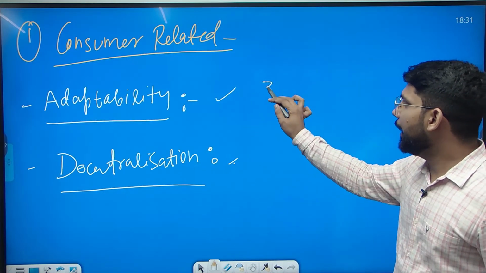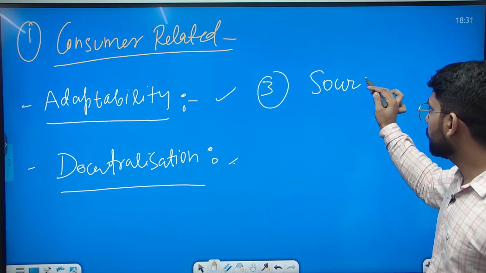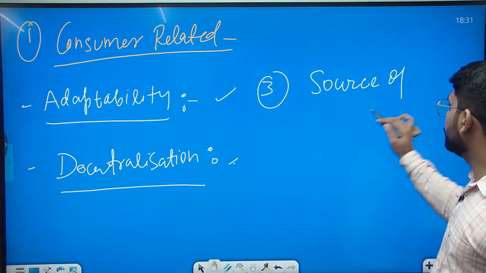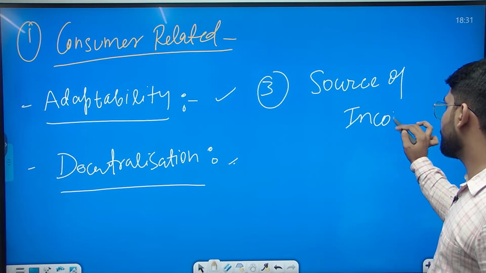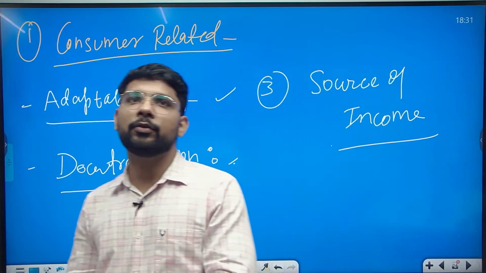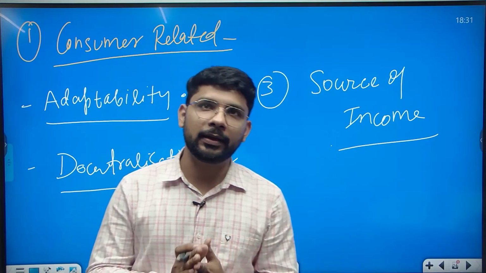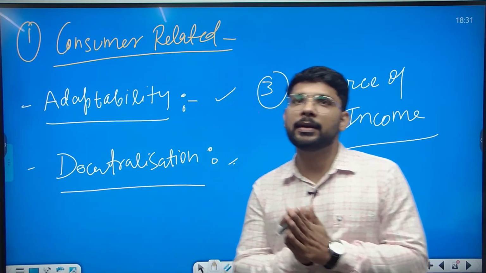The third and the most important benefit is the source of income. Solar energy is also a source of income for individuals. In some of the states in the country, like Haryana specifically, there is a scheme run by the Haryana government.